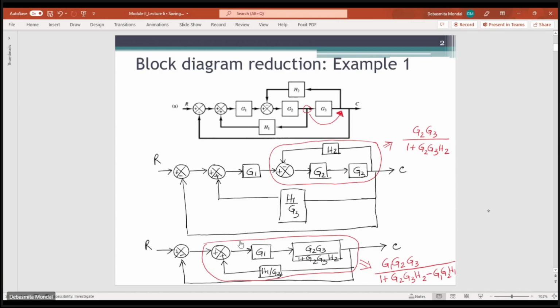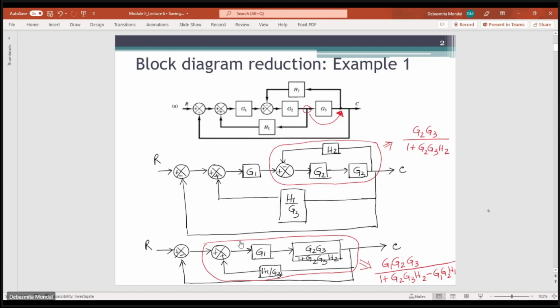So you have to multiply with a gain of 1 by G3 to the gain which is already there. Previously it was H1. Now if you move this takeoff point to this point, then you have to change the transfer function of this block. It will become H1 by G3. This is done so that the overall output of the system remains unchanged.